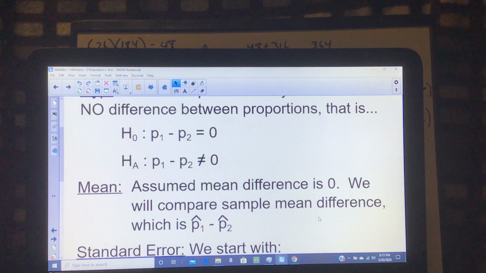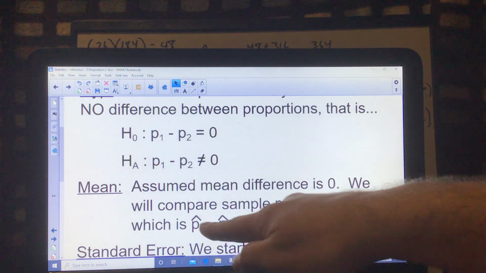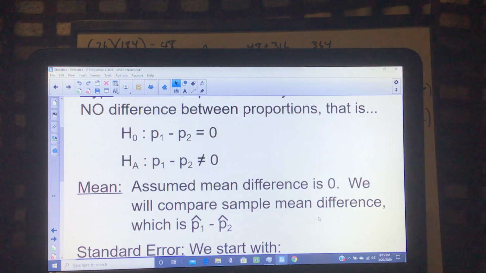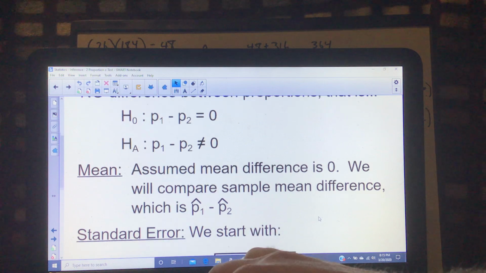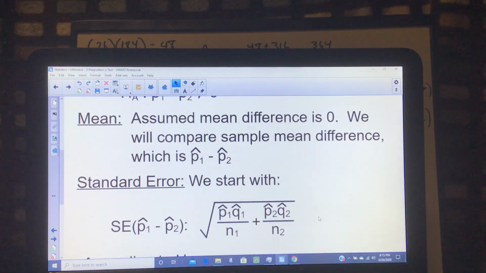In order to test how unusual our sample difference is versus our hypothesized difference, we need a measure of standard error. So this standard error formula is actually the same that we did in the last video, which involved doing a two-proportion interval. Now, there's a problem with this formula. There's always got to be a problem with something.